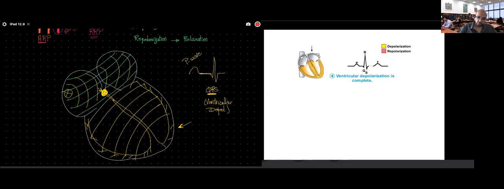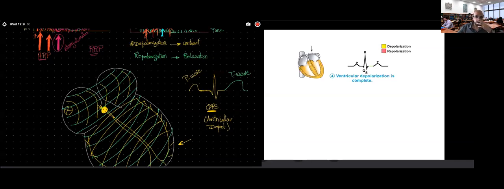What happens after the ventricles depolarize? They will repolarize. And the ventricular repolarization is going to be recorded by the EKG as my T wave.